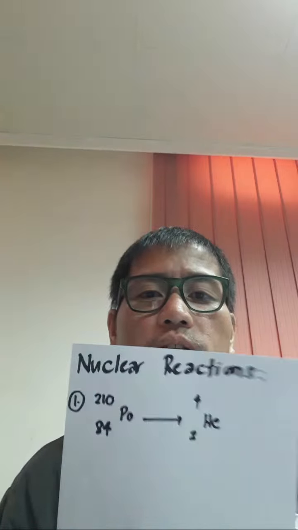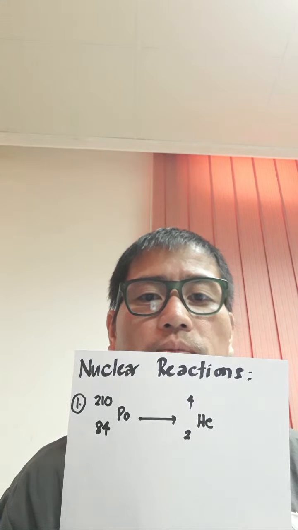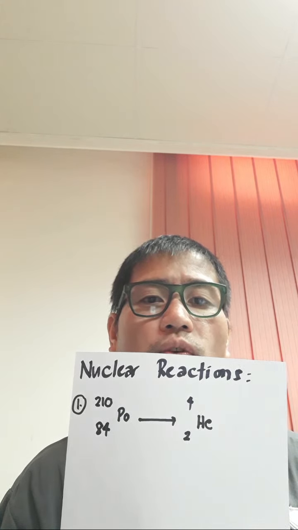This is polonium. Polonium equals 4, 2, He, alpha. Number one example: polonium 210, 84, and 4, 2, He.